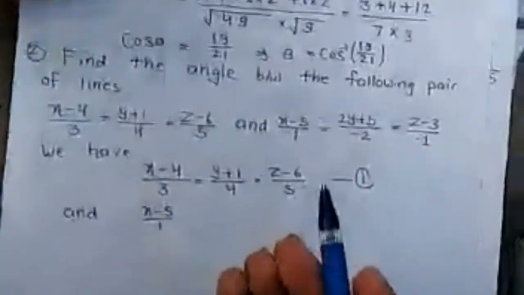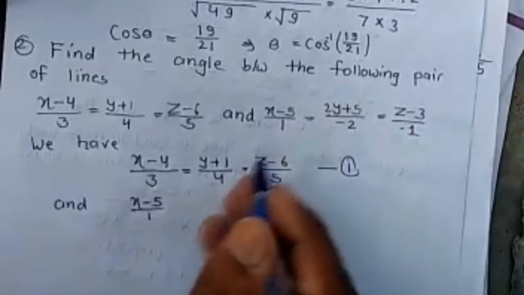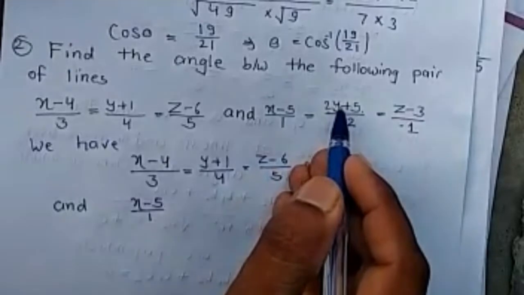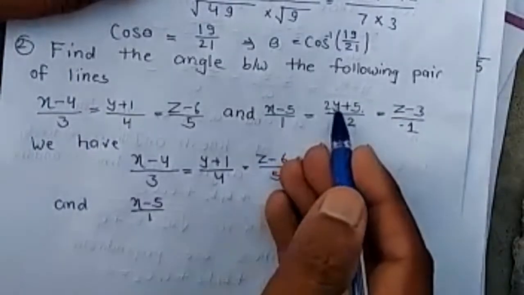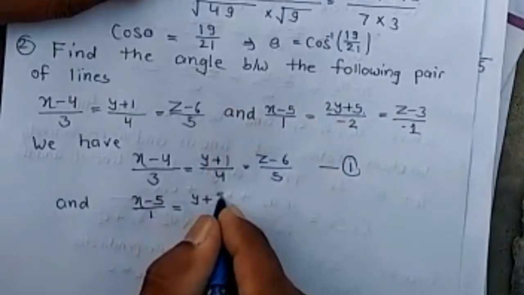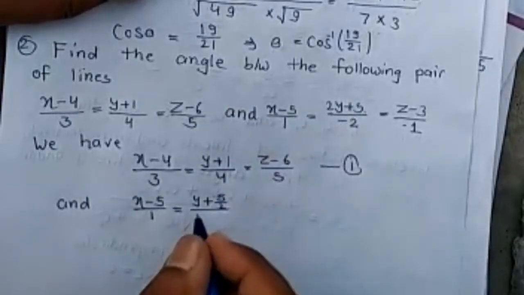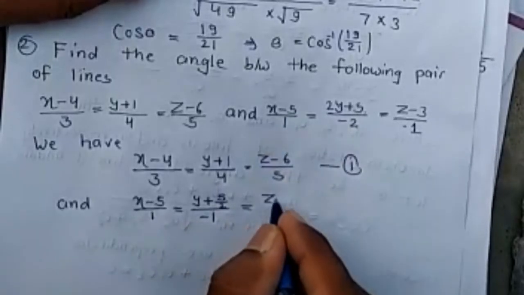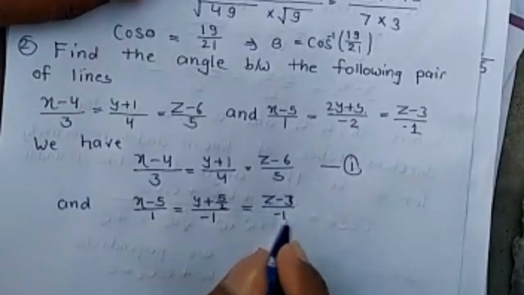and we write this equation in the form y minus y1 upon b. We have no coefficient of y, means we take 2 common and get y plus 5 by 2, and it is minus 1 to cancel out, equal z minus 3 upon minus 1.